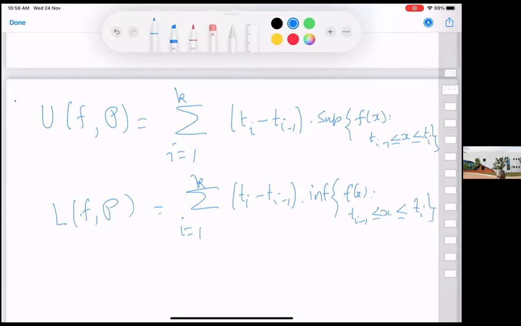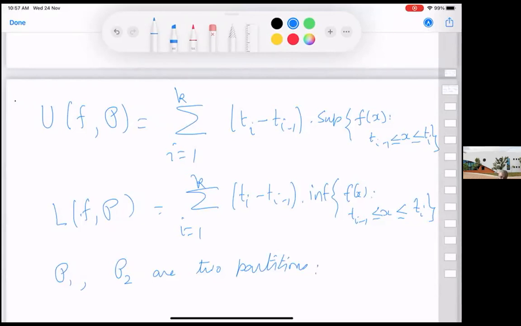So, now, let us make some observations about these partitions. Okay. Firstly, if you take two partitions, you can always add the points.